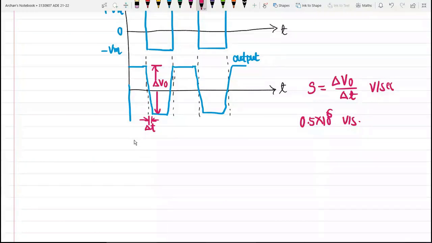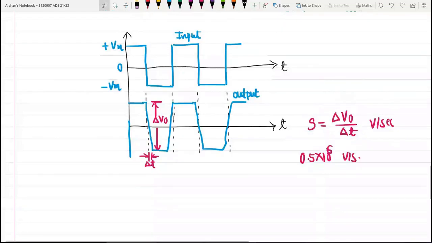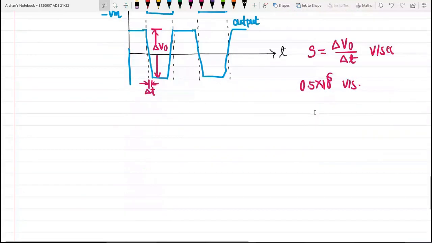Okay, so this is the effect of slew rate on the output voltage waveform. Our output voltage waveform will get distorted. Okay, and this is to be minimized by increasing the value of slew rate. Okay. Now let us try to derive the equation of this slew rate.